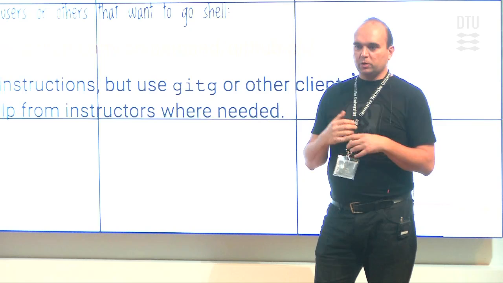I can actually show that. So if I go to this repository here and I go to my settings, and then I can scroll down. I can probably make this bigger.